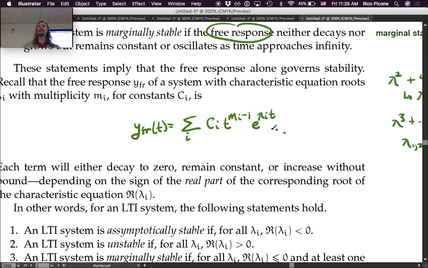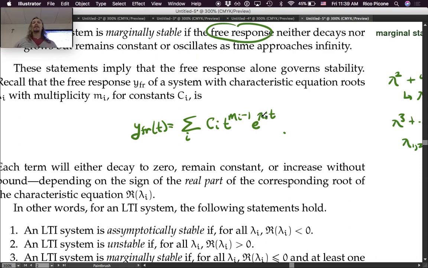If you look at lambda i, let's just think about it as being real for a moment. If it's real and it's positive, the term associated with it is going to exponentially increase, right? So if any of these is real and positive, it's going to be an unstable system, right? Because it's going to increase without bound.